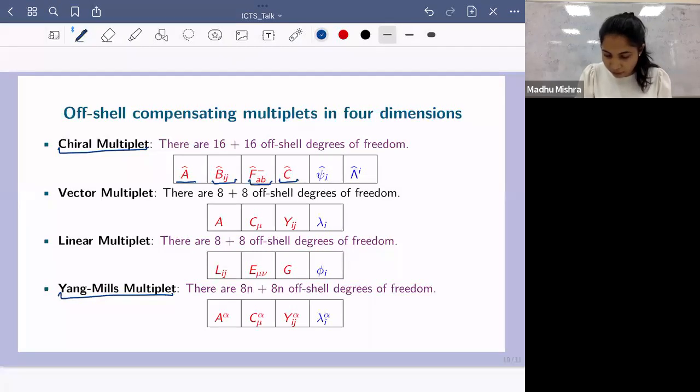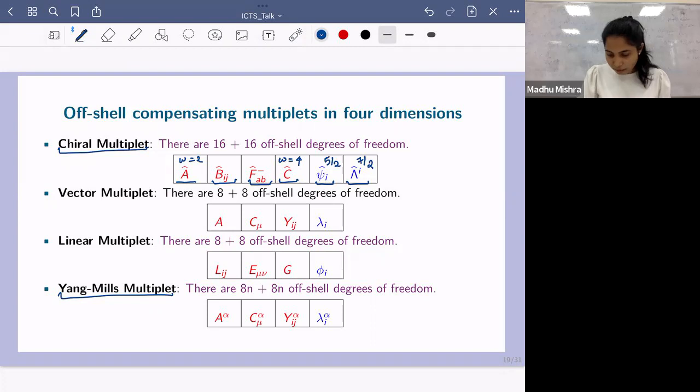They differ in their Weyl weight. This has Weyl weight 2, and this has Weyl weight 4. Similarly, we have two fermion SU(2) spinors. This has Weyl weight 5/2, and this has Weyl weight 7/2.